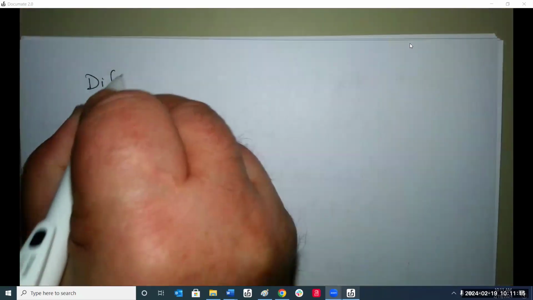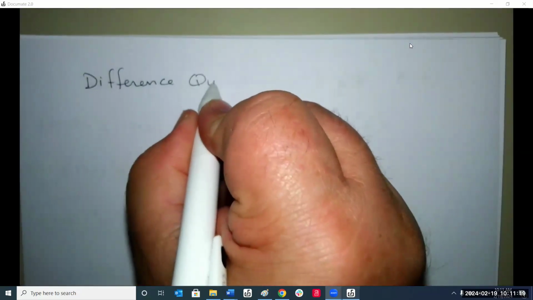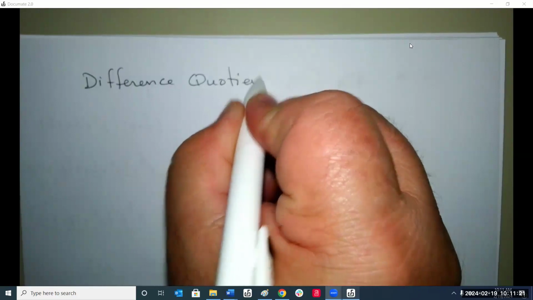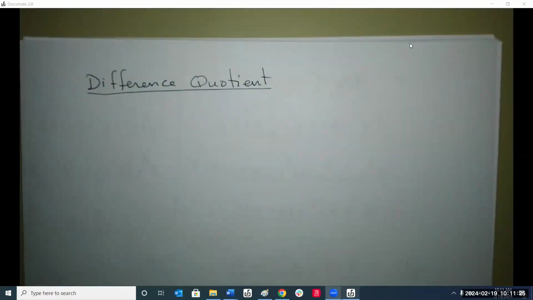Now, the last thing in this section is pretty important. It's called the difference quotient. The reason this one is important is because this is where calculus begins.